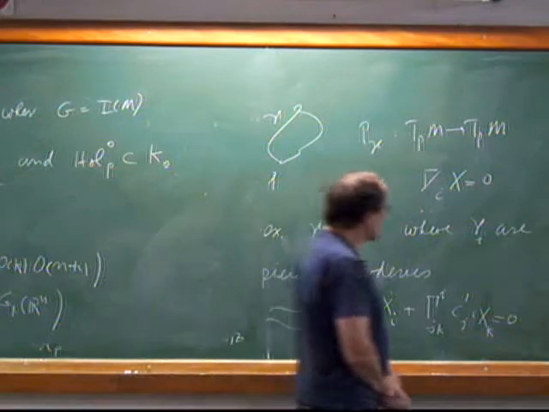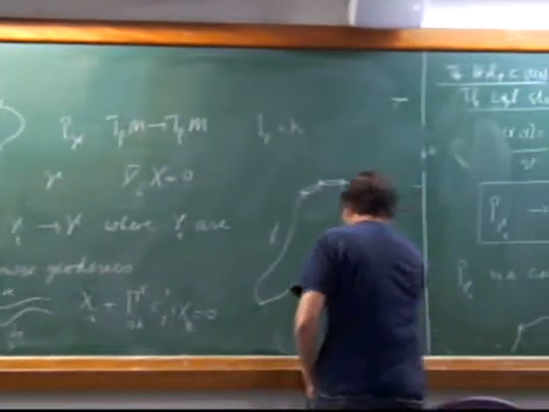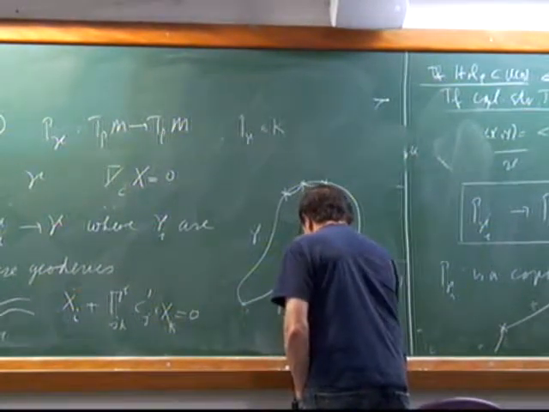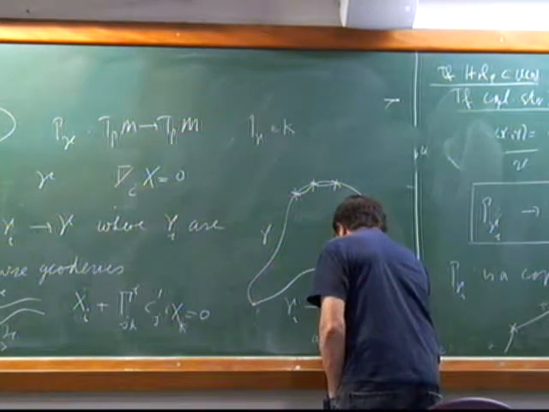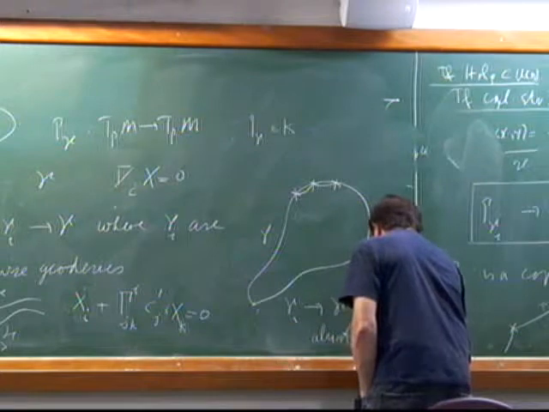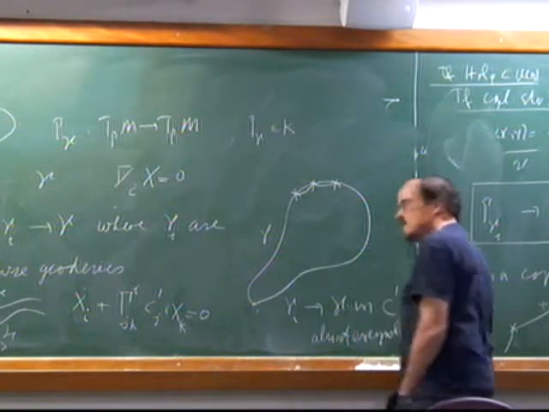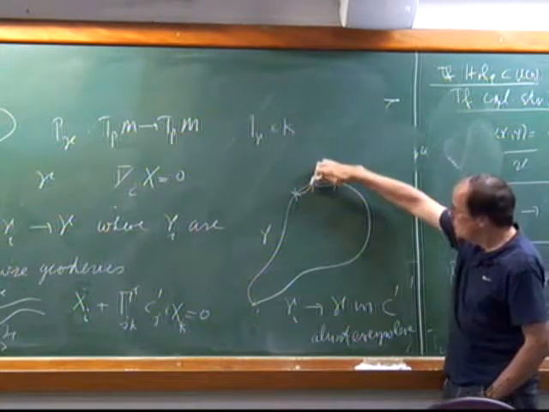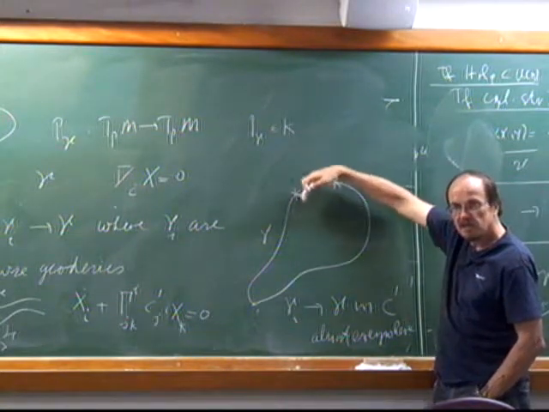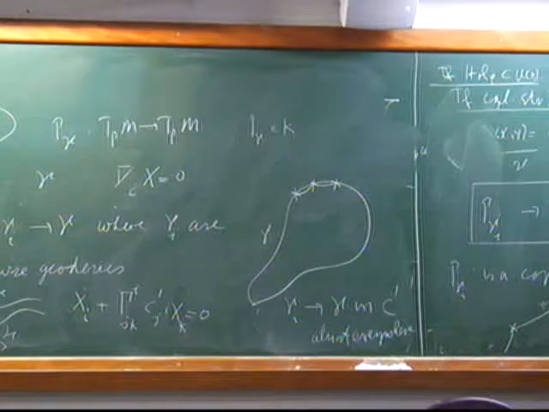So, to be specific, I have to say that gamma i converges towards gamma in C1 almost everywhere. And that's what I do with this kind of connection. Okay. So make it smaller and smaller, it converges towards this, in this C1 sense.